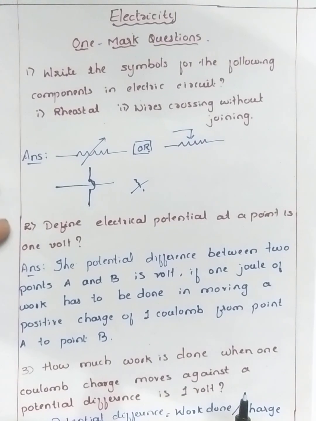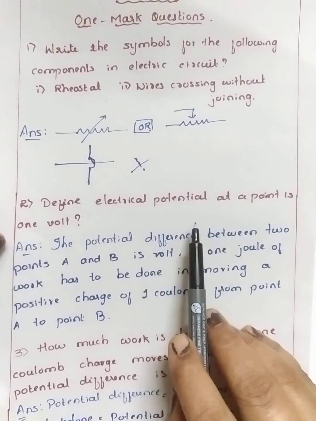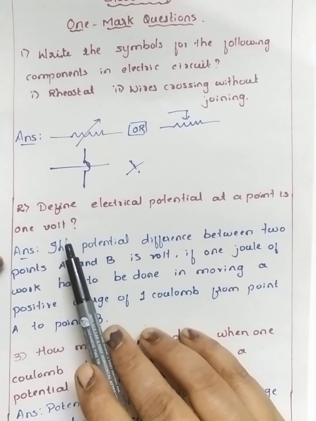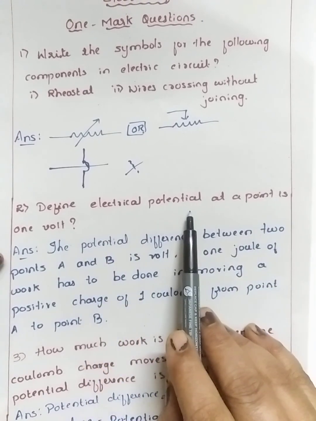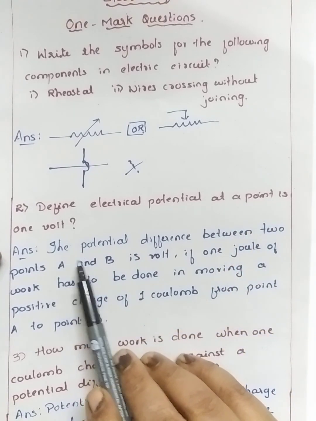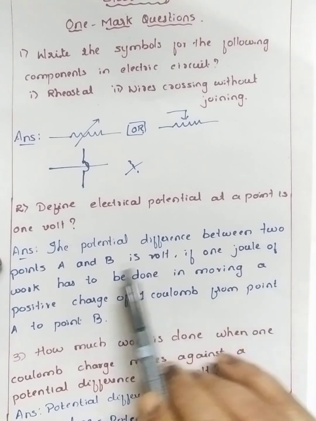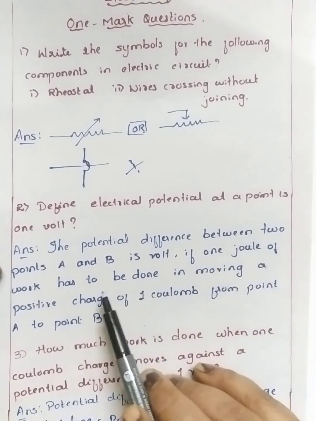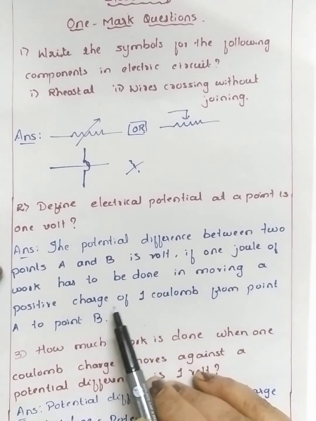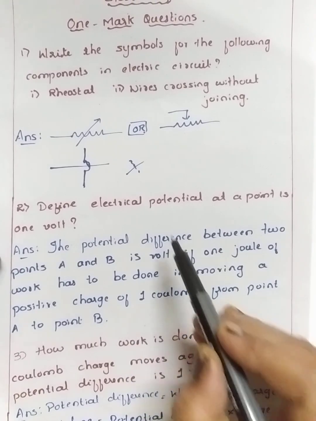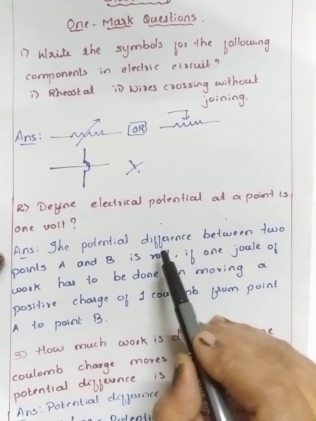Second question: define electric potential at a point is 1 volt. So how to define it? The potential difference between 2 points A and B is 1 volt if 1 joule of work has to be done in moving a positive charge of 1 coulomb from one point to the other. Suppose A and B are 2 points here.